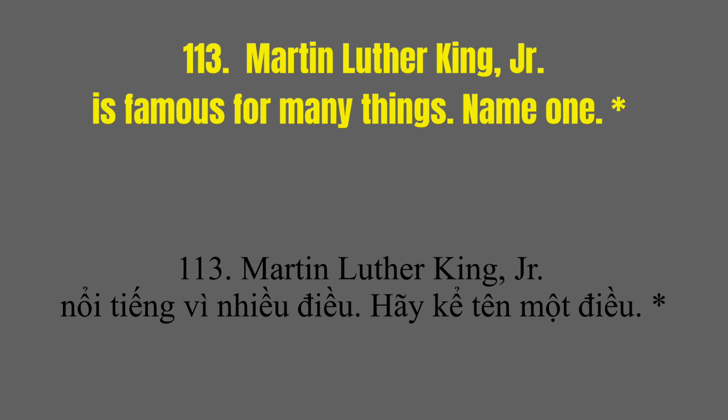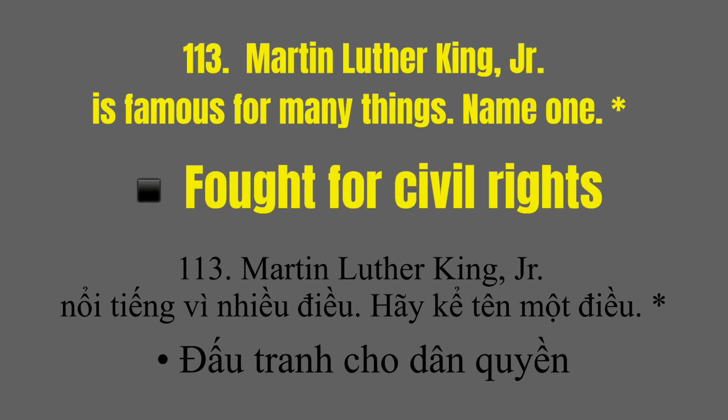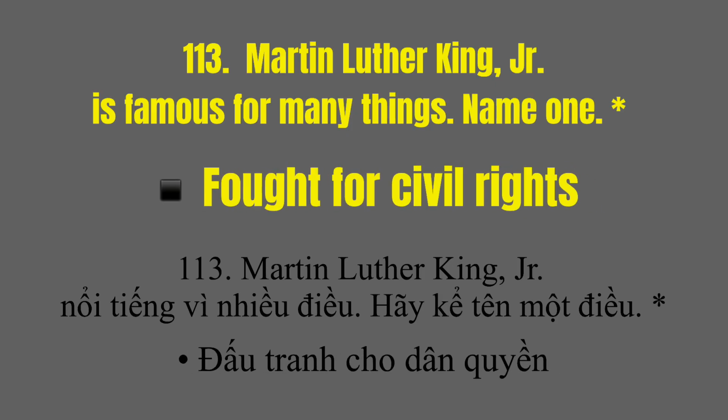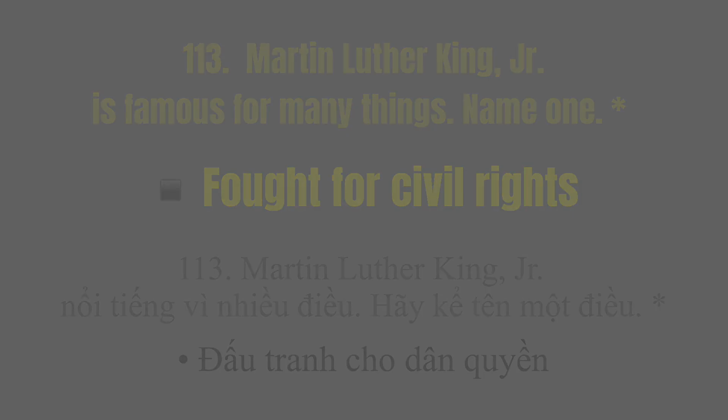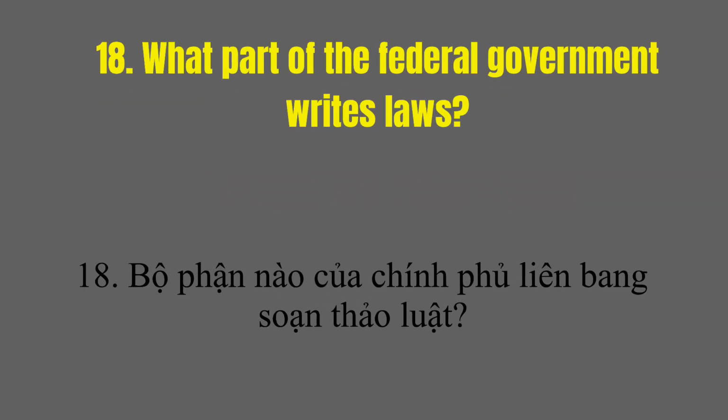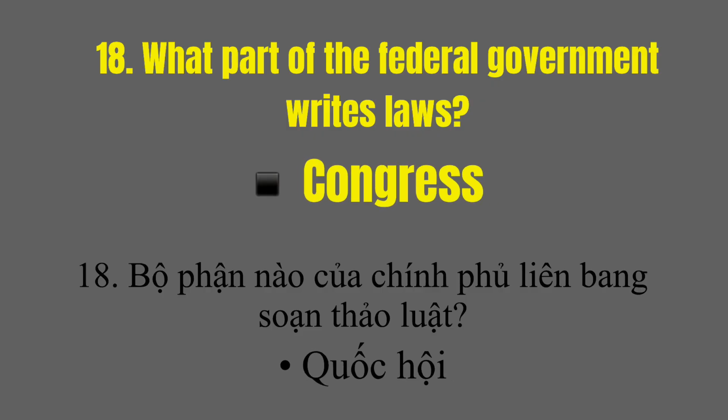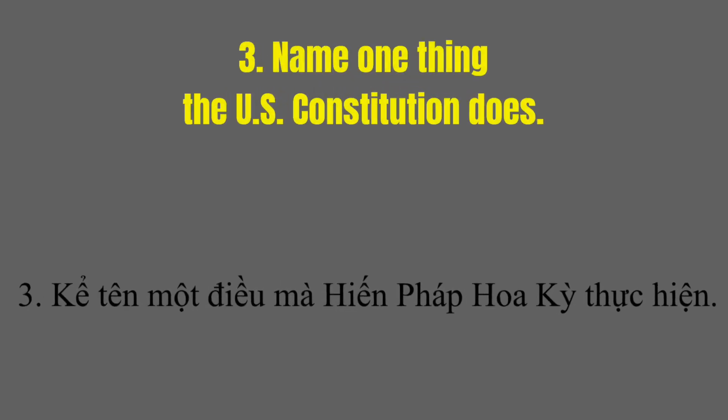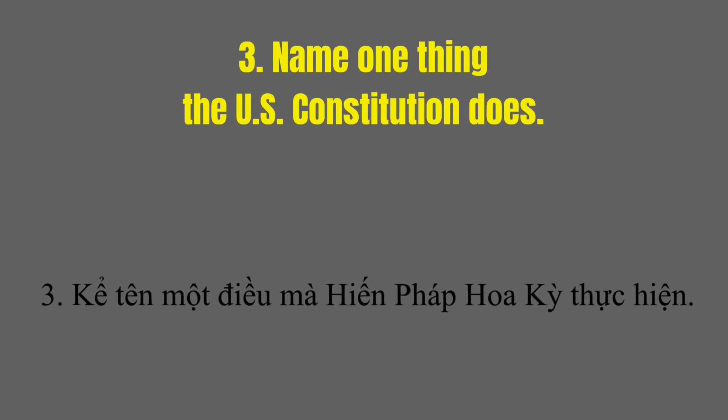Martin Luther King, Jr. is famous for many things. Name one. Fought for civil rights. What part of the federal government writes laws? Congress. Name one thing the U.S. Constitution does.